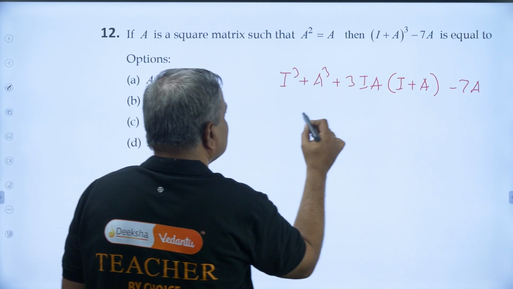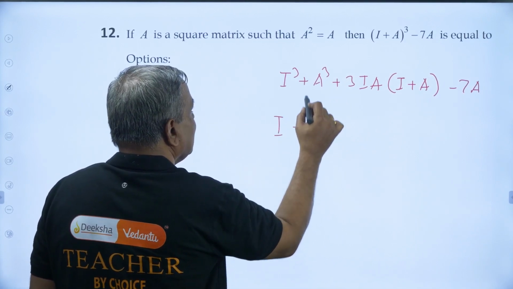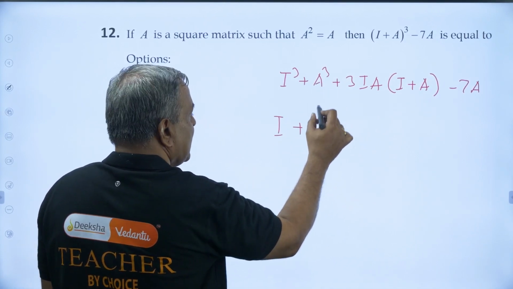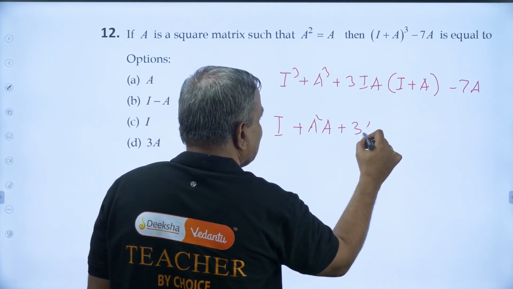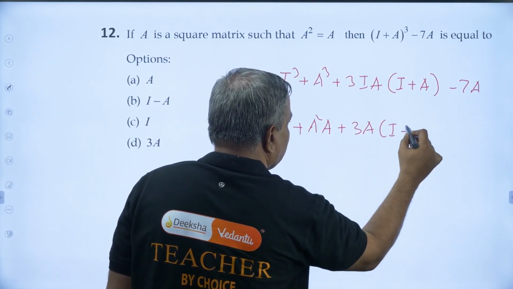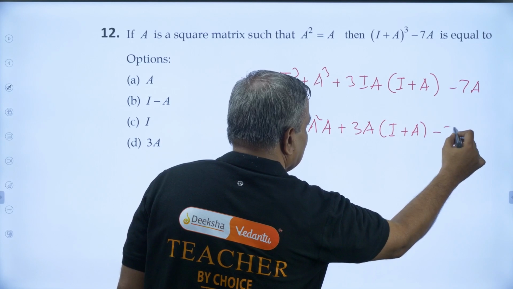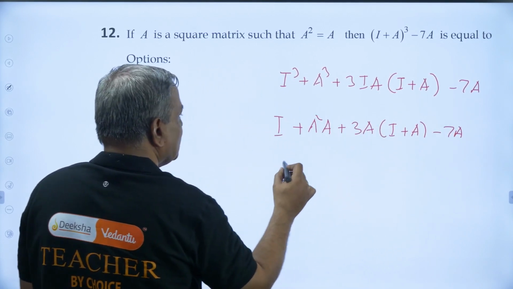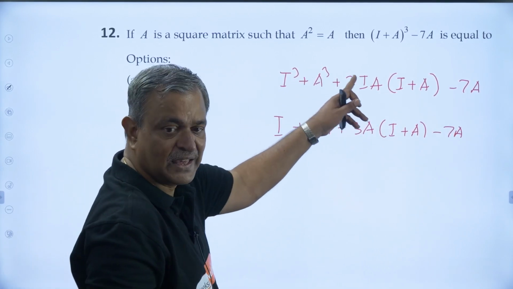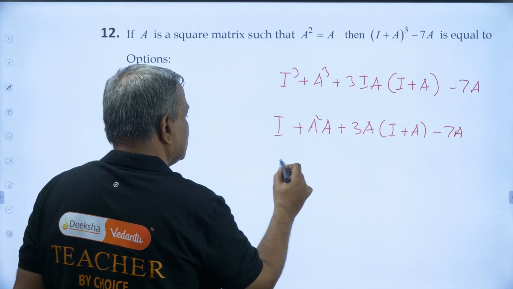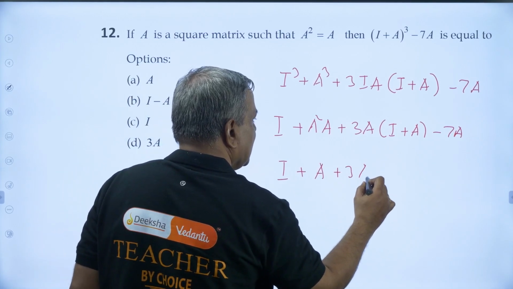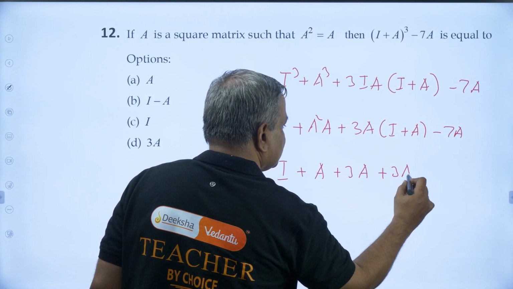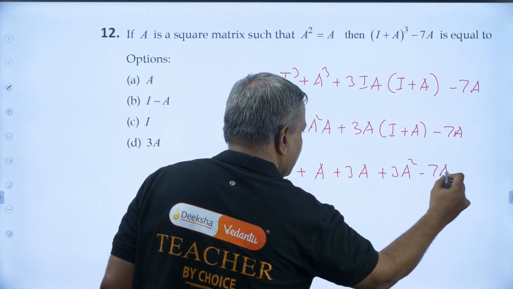A cube can be written as A square into A plus 3A into I plus A minus 7A. Again A square is A. So I plus A plus 3A plus 3A square minus 7A.